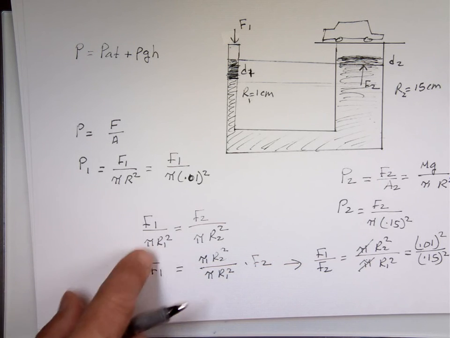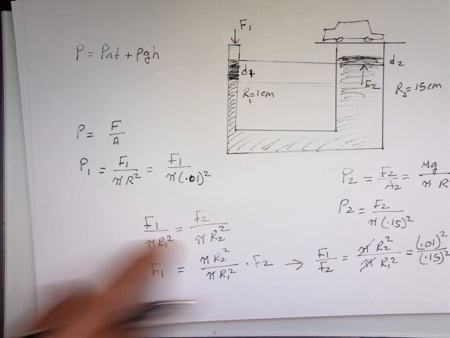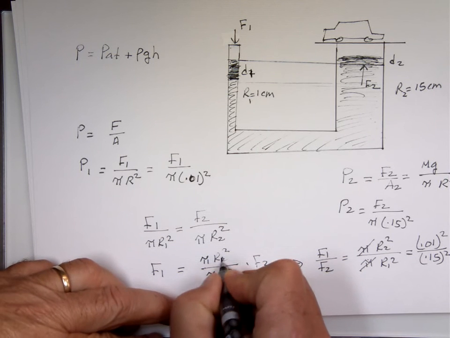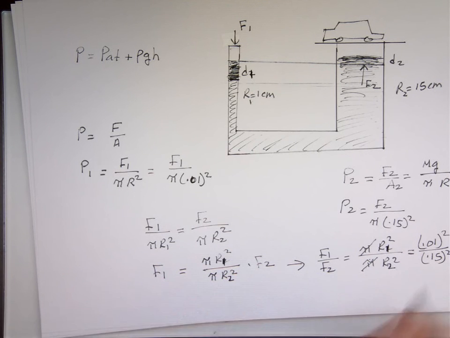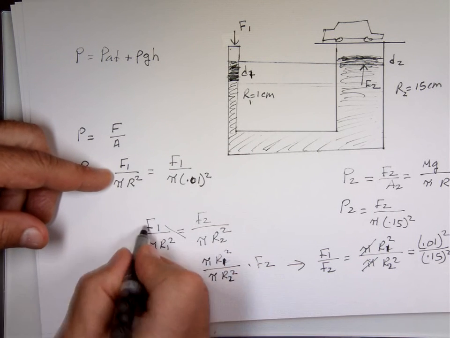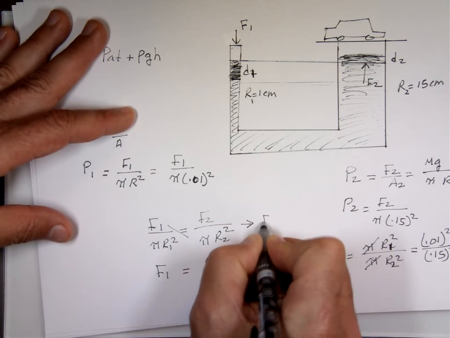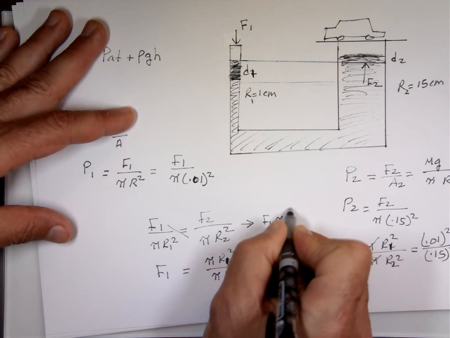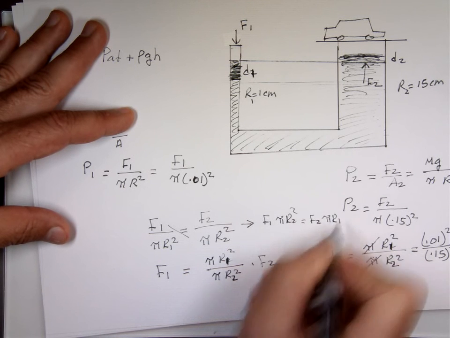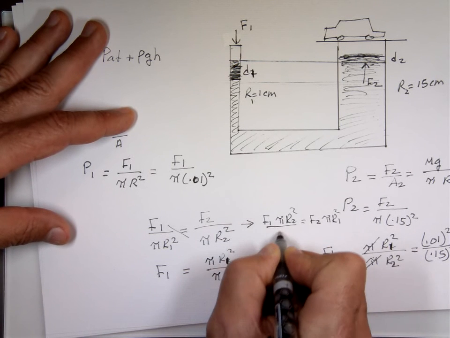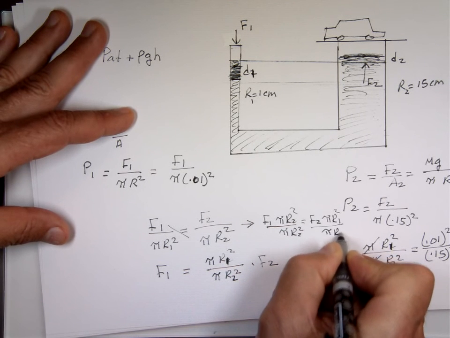Cross multiply. Force 1 is r1 squared over r2 squared. Cross multiply, this goes with that, then you divide. I have F1 pi r2 squared equals F2 pi r1 squared, and if you divide both sides by this one, you end up with that equation.